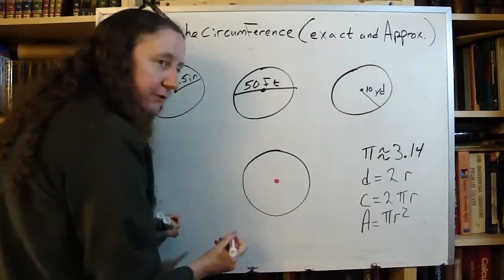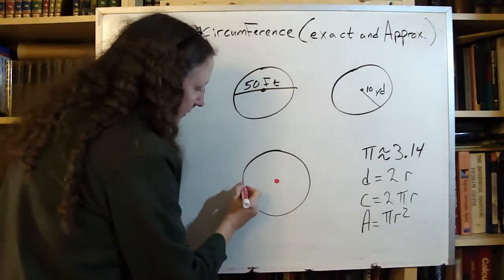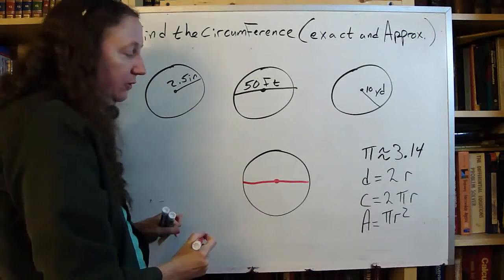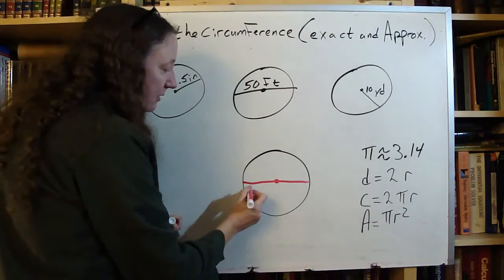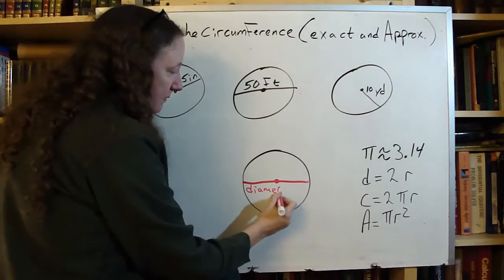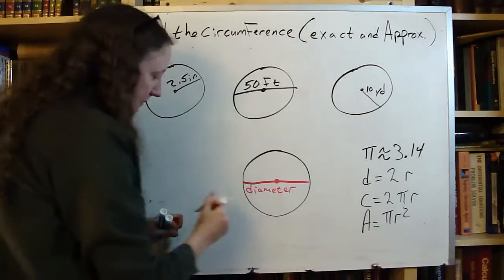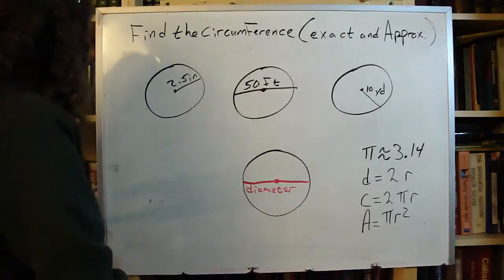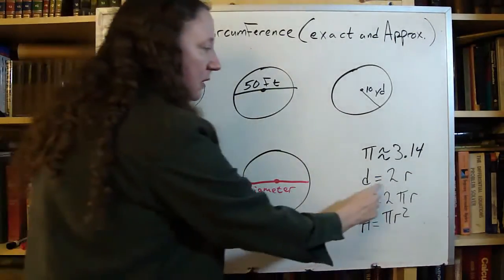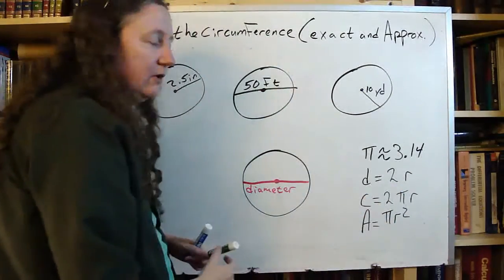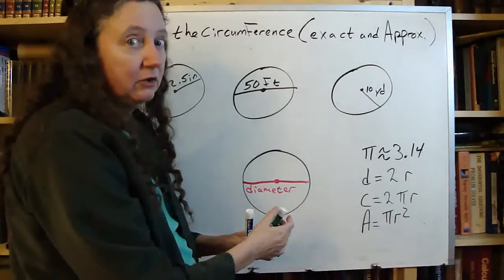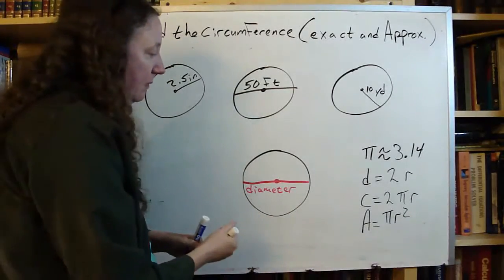You have the center of your circle, and you have a line that goes through the center of the circle. That is your diameter. It uses the radius to figure it out, or sometimes you are given the diameter and you need to find the radius when we're looking at areas.